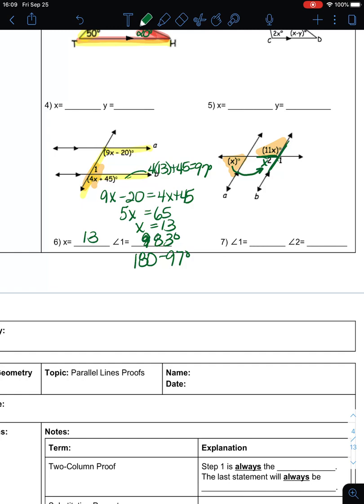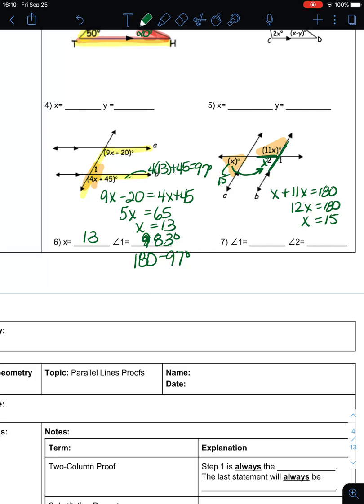Now what I see is that this and this, those two angles together, form a linear pair, which means they add up to 180 degrees. So I have x plus 11x is equal to 180, or 12x is 180. You just simplify that, solve it, and you get that x is 15.